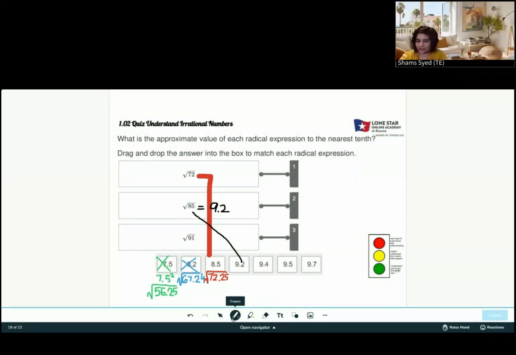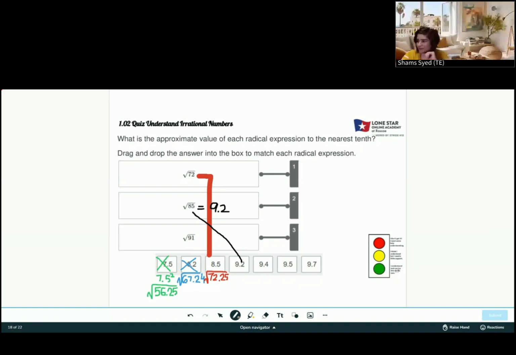Well, what is going to be the square root of 91? What is going to be the square root of 91? Absolutely, Andromeda, you're correct. What is the square root of 91? Christian says, oh, two different answers.